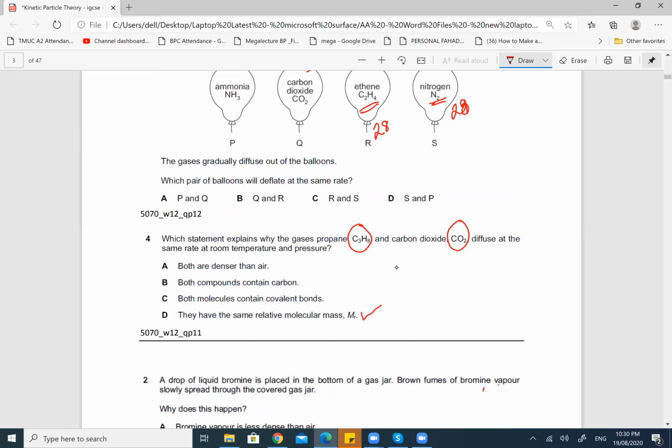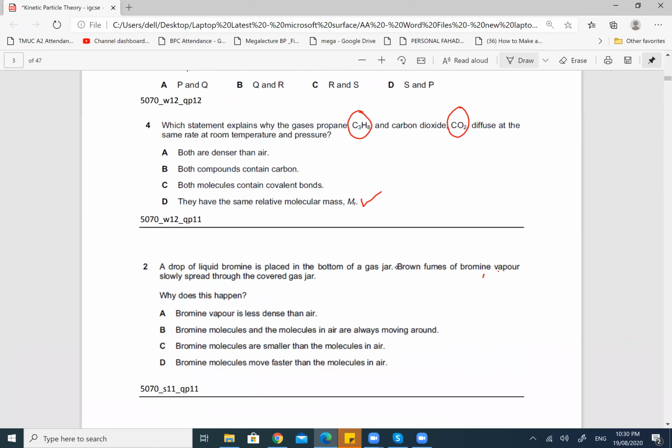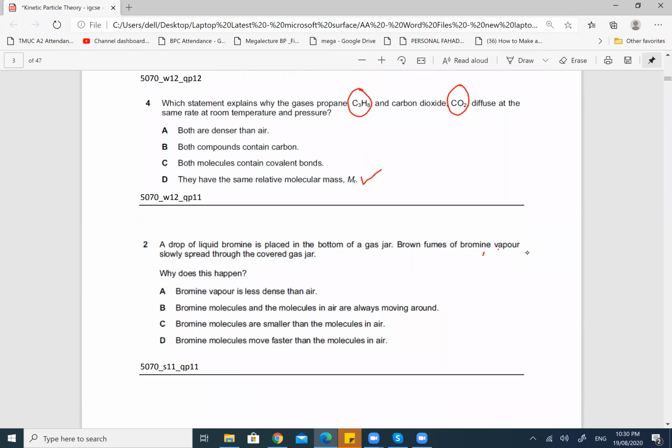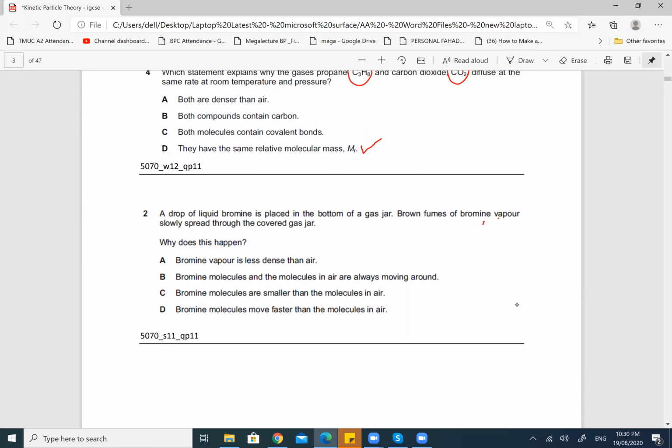C3H8: 36 plus 8 is 44. CO2: 32 add 12, 44. Okay, so it's 44. That's fine.